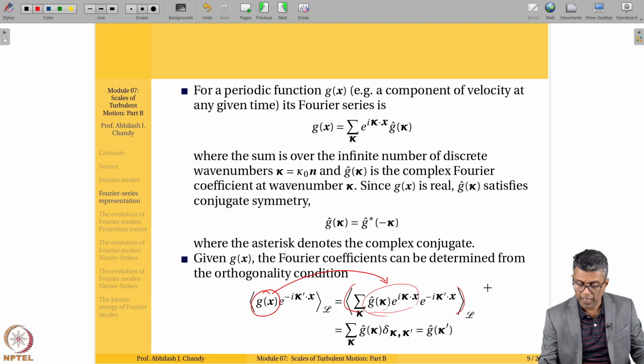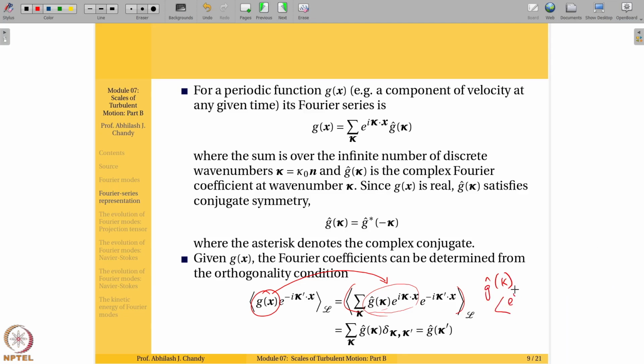Then what I get is g hat of kappa multiplied by the volume average of e to the i kappa dot x times e to the minus i kappa prime dot x. Isn't it? This becomes, there you go, the Kronecker delta. So I have g hat of kappa times the Kronecker delta.